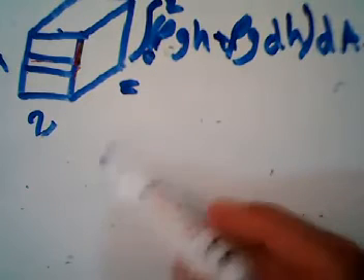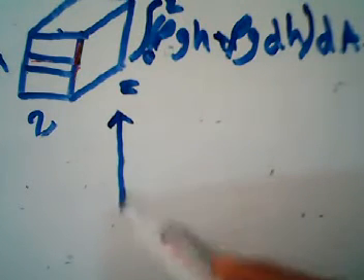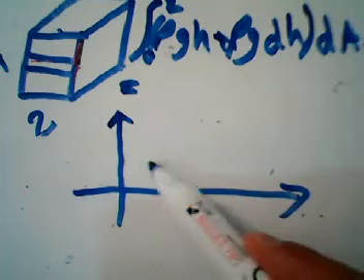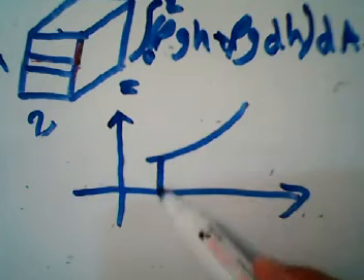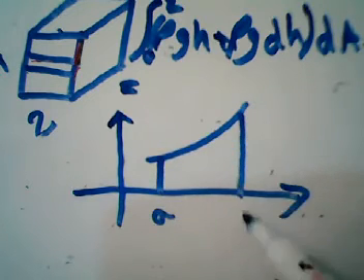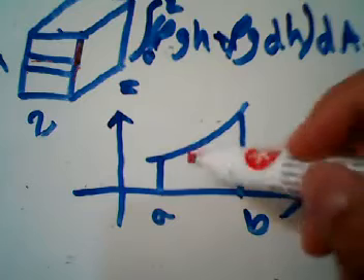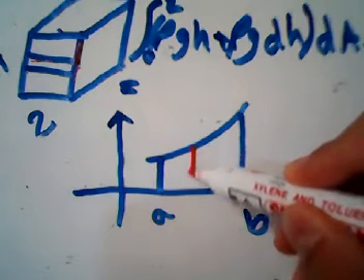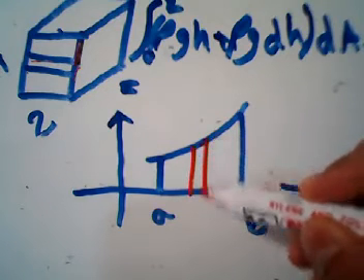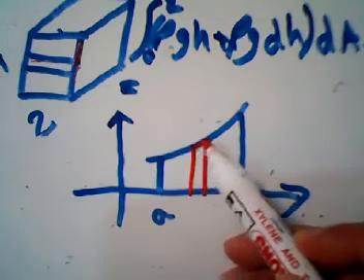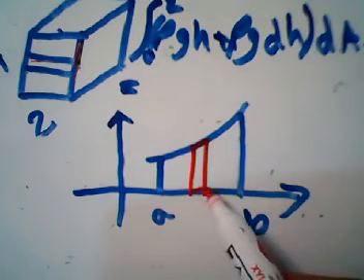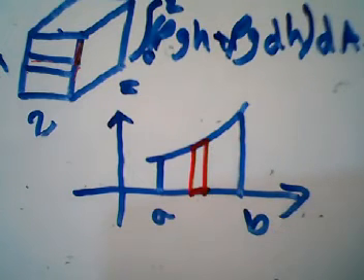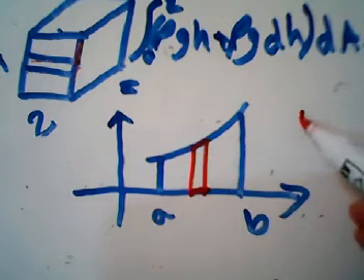Okay, and we got the same thing for calculating the areas under the curves. So this is our curve, this is A, this is B, and this is our infinitesimal surface. Let me draw it here bigger.